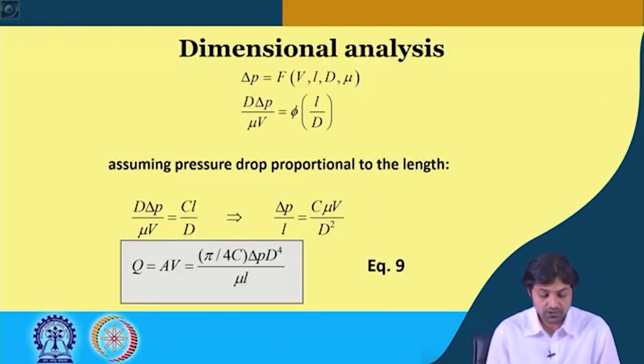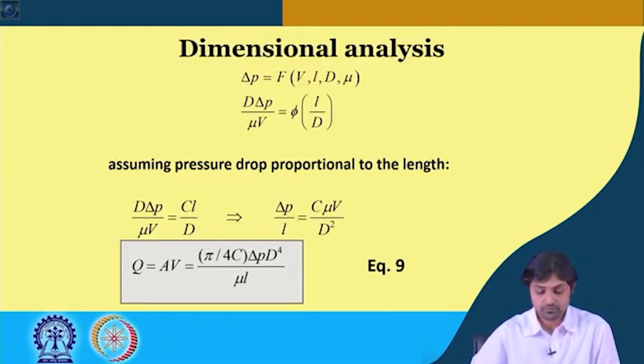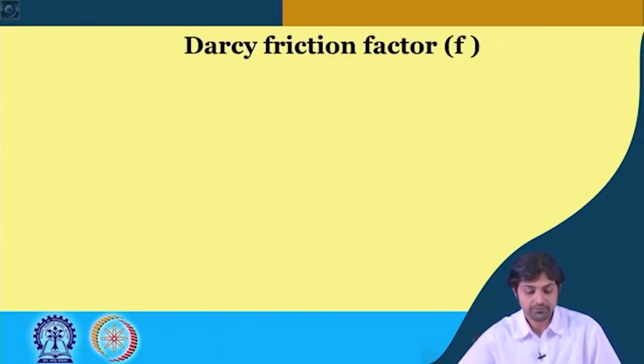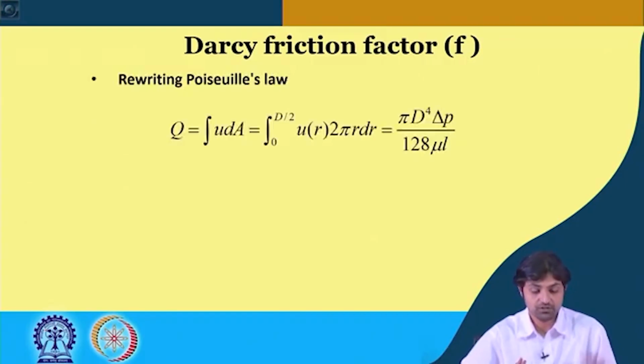Now you see there is some constant called C. We are going to look into something here that is called Darcy's friction factor. If we rewrite, Poiseuille's law was pi D to the power 4 delta p by 128 mu L, correct?